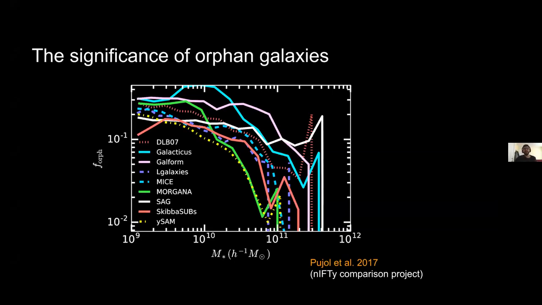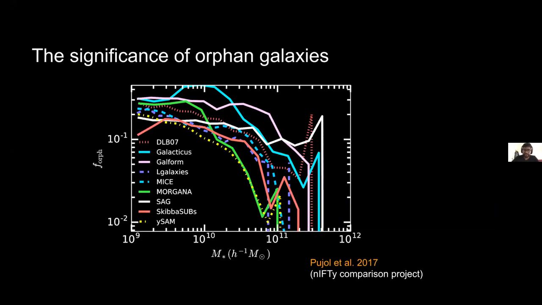And each of these different colored lines shows the orphan fractions in different semianalytic models. There are basically two takeaways here. Firstly, especially as you go to lower stellar mass objects, these orphan fractions don't seem to be very small. So typically between 10 and 30% of the satellite content of galaxies may be in the form of these orphans.